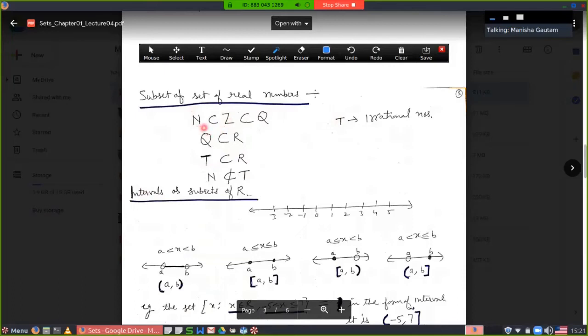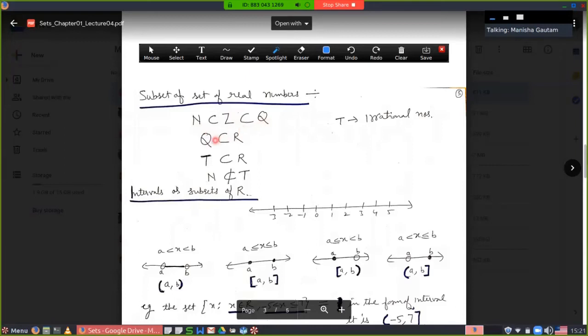So N is a subset of Z, integers, and each and every integer belongs to rational numbers, because 2, 3, 4 can be written as 2 by 1, 3 by 1, minus 2 by 1, like this. It means all integers can be written in the form of p upon q. It means all integers belong to rational numbers. So Z is a subset of Q, rational numbers.